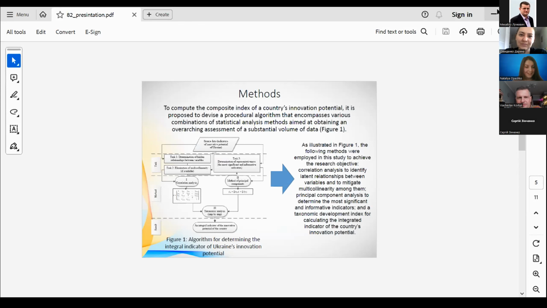That means that you may focus your future research on, for example, neurofuzzy mathematical apparatus and compare the results. Thank you very much for the interesting presentation.